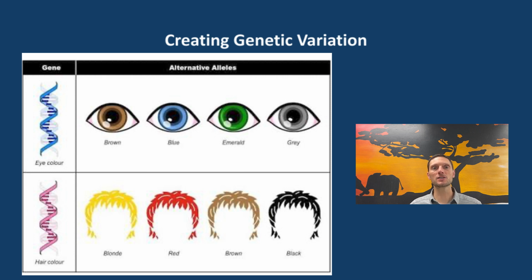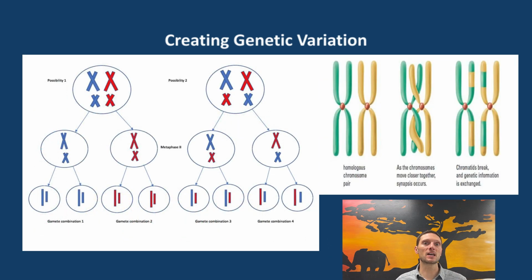And so mutations can change alleles by altering the base sequence of nucleotides and thereby increasing the number of different alleles within the population. And so mutations are a source of new genetic variation. They are what produce new genetic variation. Meiosis and sexual reproduction also increase the variation by creating new combinations of alleles through crossing over and independent assortment, but these are not mutations.